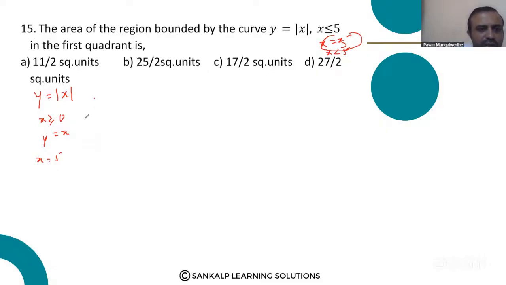Since y is equal to x, at x is equals to 5, y is also equal to 5, which can be written in the coordinate form as 5, 5. So the area of the triangle, which is half base into altitude, is half into 5 into 5. So it is 25 by 2 square units, which is option B, the correct answer.